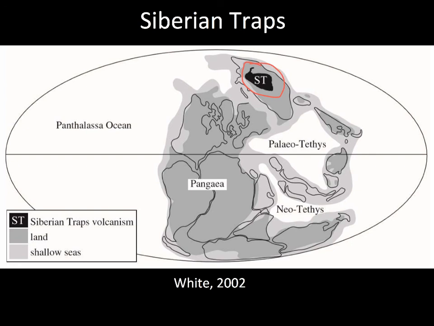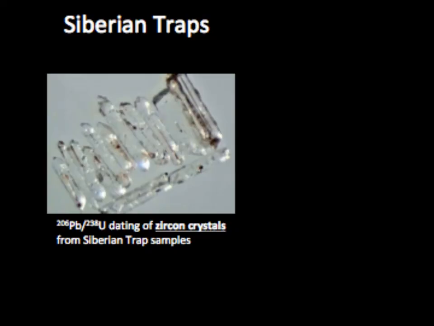So a little bit smaller comparatively than what the Central Atlantic Magmatic Province looked like during the end of the Triassic period. Nevertheless, evidence has shown this to be the primary cause, at least scientists think the primary cause of the Permian mass extinction, and I'll show you some of that evidence.